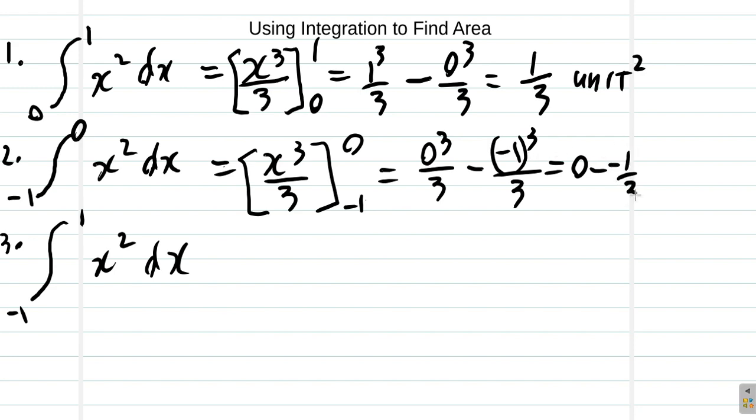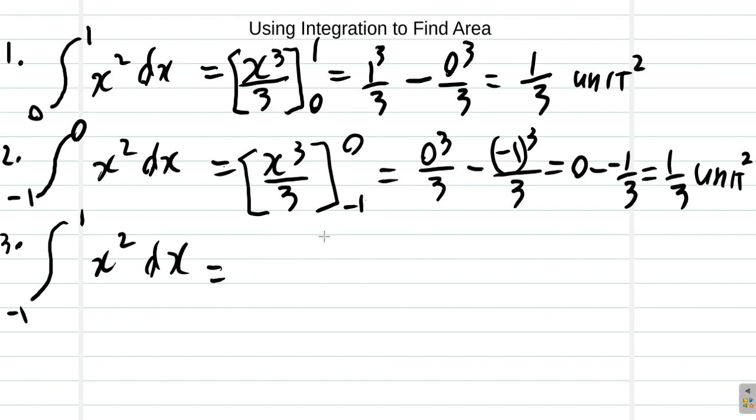It's -1/3. But 0 minus -1/3 is the same as 0 plus 1/3, which is 1/3 square units.